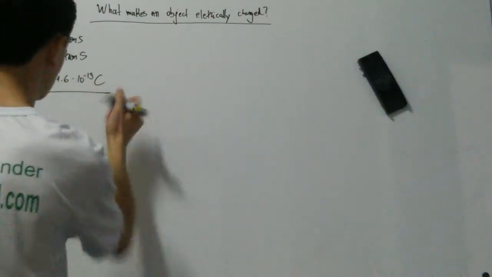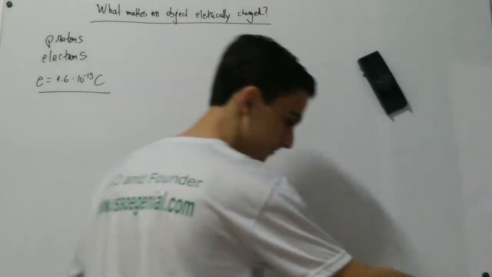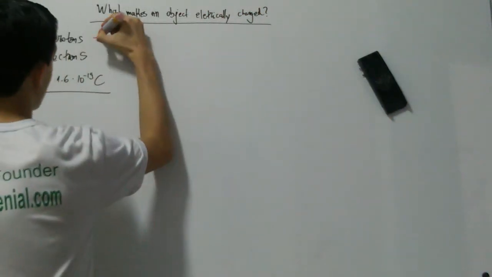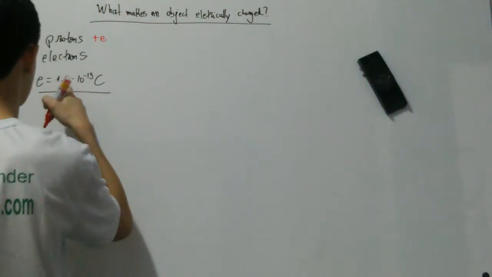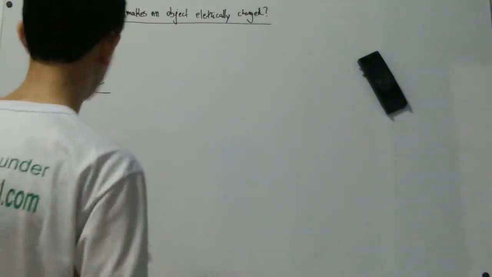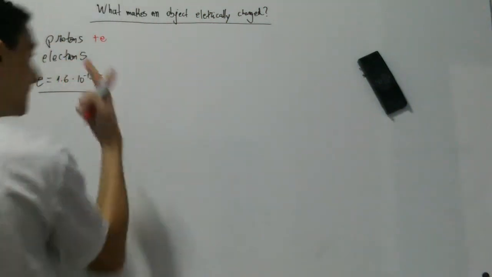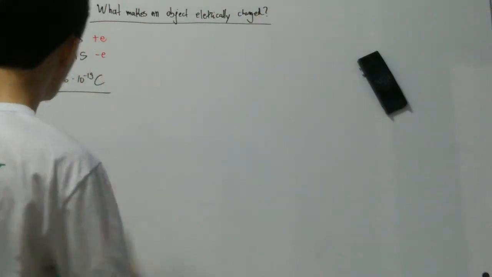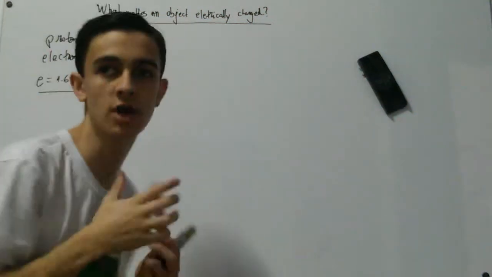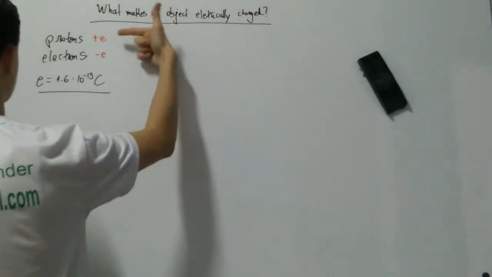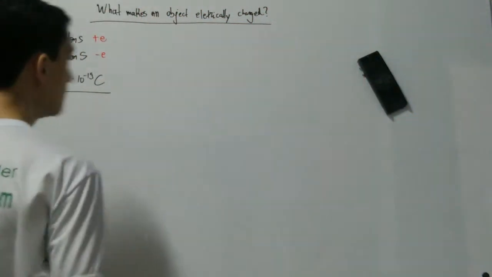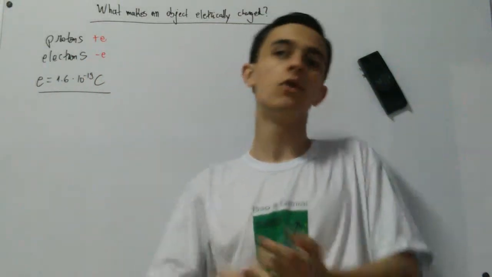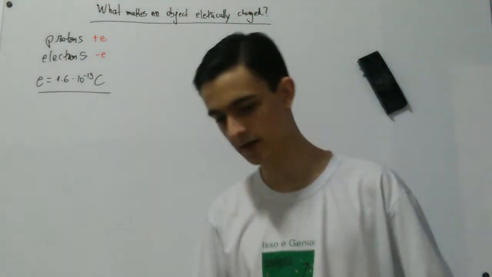This is the fundamental charge. One proton has the charge of positive E, positive 1.6 times 10 to the negative 19. And one electron has the charge of negative E. So they have the same amount of charge, but one charge is positive and another one is negative. It's the same amount of charge, but they have opposite behaviors. So we call one positive and the other one negative.